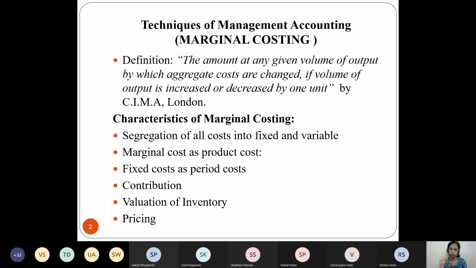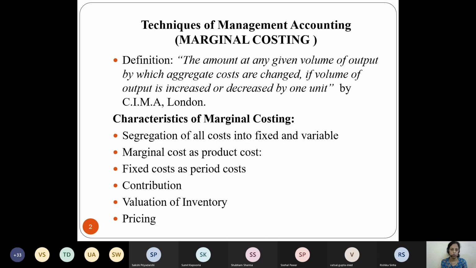If you increase the volume by 1 unit, your variable cost will go up by that much. We have taken examples of this: direct material, direct labor, direct expenses. All these are variable costs, which vary in direct proportion to volume of production.